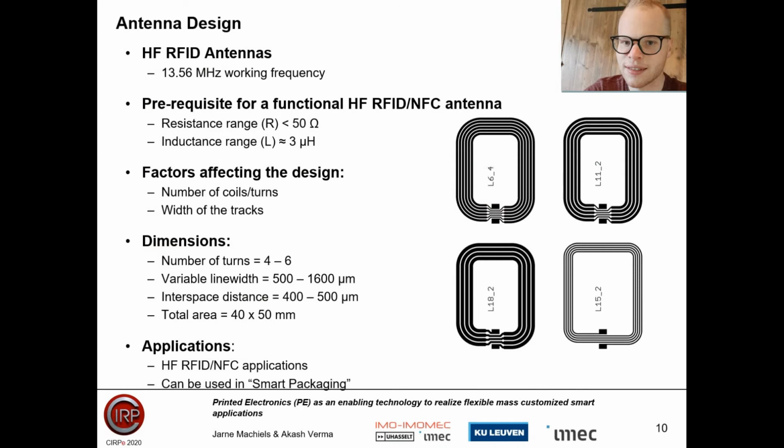In this research, we investigated 4 different loop antenna designs, which differ in the number of coils and the width of the tracks. These have an influence on the electrical properties, such as the series resistance, which should be below 50 ohm, and the inductance, which should be around 3 micron.